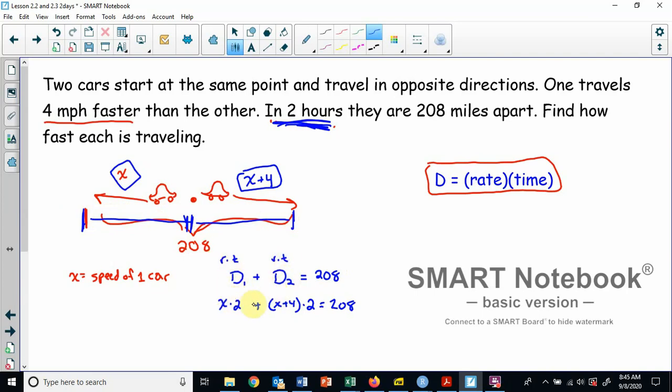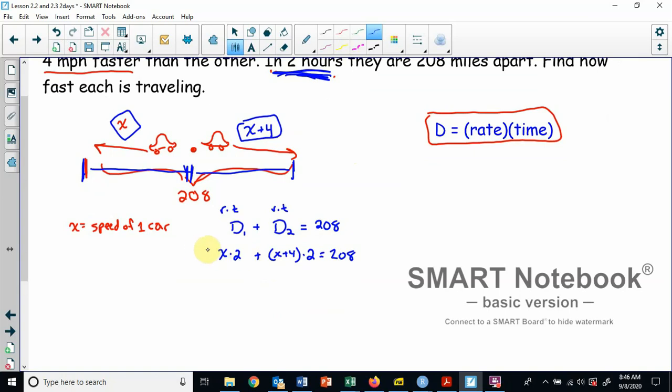So I get their two distances written as a rate times a time. Now I didn't know their rates, so we just called one x. And I knew the other car was 4 faster. And I know the time is 2 hours. So now I just have this equation I would like to solve. But before I can solve, I need to simplify, and then I can find out what x is.